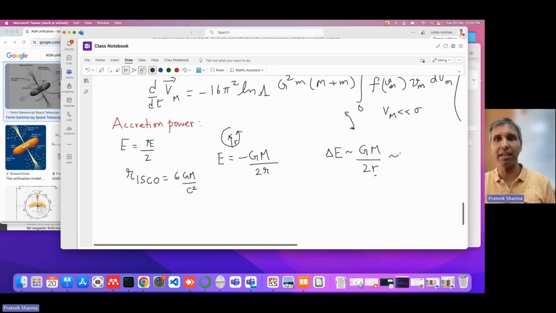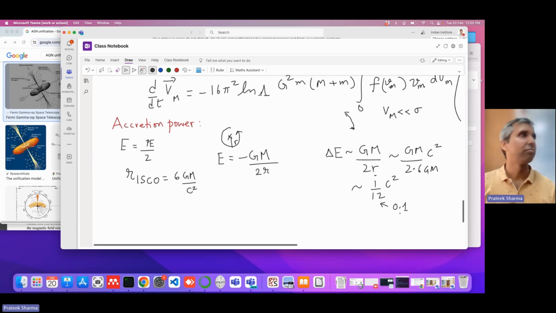If you plug that in, you have GM by 2 times 6GM by c squared. This is energy per unit mass, so this is just about 1/12 of c squared. That's where this 0.1 comes from. In fact, if you have a spinning black hole, the ISCO is further in, and for the maximally spinning black hole, ISCO is the same as the Schwarzschild radius.